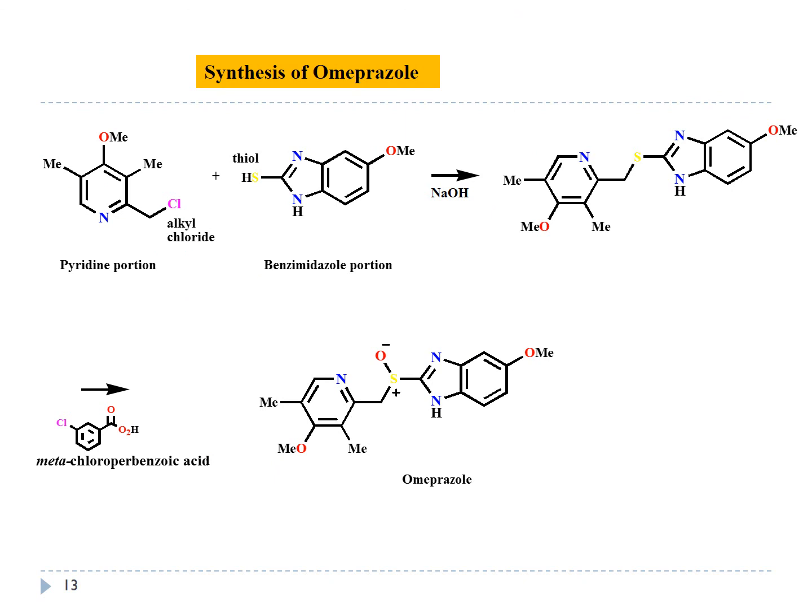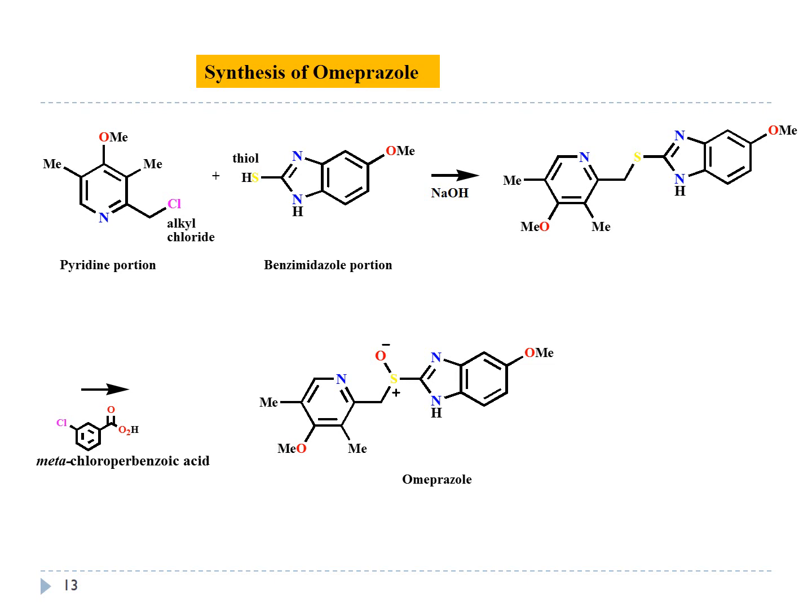In the end, let us see the synthesis of one of the representatives of PPIs, that is omeprazole. This synthesis involves condensation of the alkyl chloride derivative of the substituted pyridine moiety and the thiol derivative of the substituted benzimidazole part.